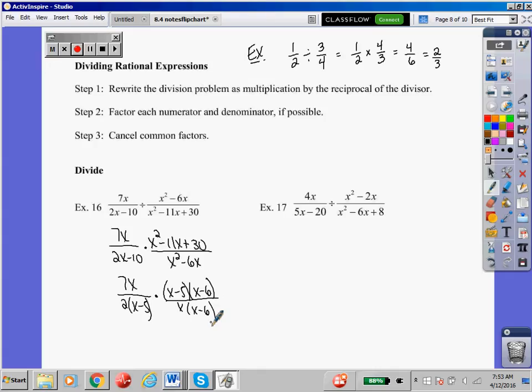So then I can do my canceling. You can cancel any numerator with any denominator, but you can't cancel across. So an x minus 6 cancels, x minus 5. And do you understand that the x's cancel? And that's 7 over 2.